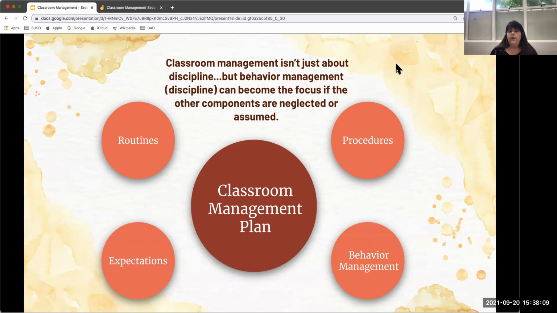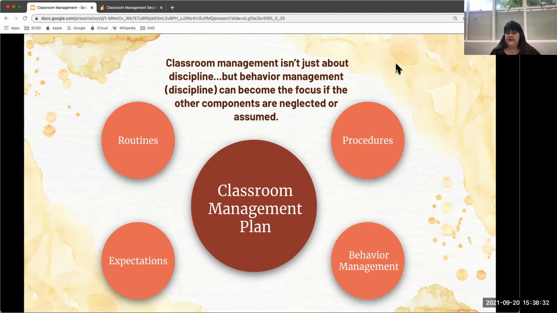And so we want to make sure that we're paying attention to every single one of these components, because they work in conjunction. And looking at the slide for a moment, if you could just take one out and think about how the problems might emerge. For example, if you take out any routine that you have, where is the struggle going to be?